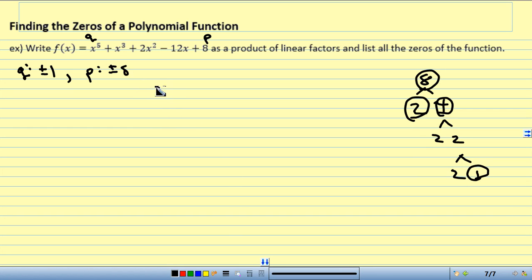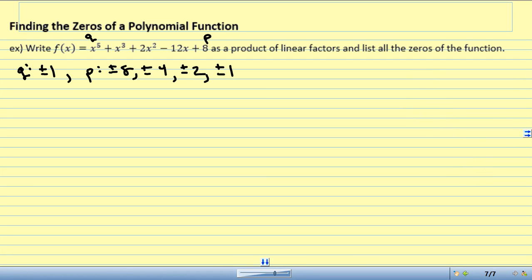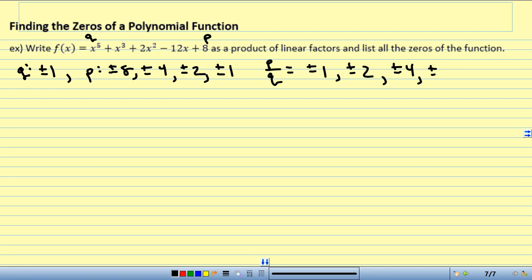So plus or minus 8, plus or minus 4, plus or minus 2, plus or minus 1. So P over Q is plus or minus 1, plus or minus 2, plus or minus 4, plus or minus 8. Please, Lord, do not let it be 8.